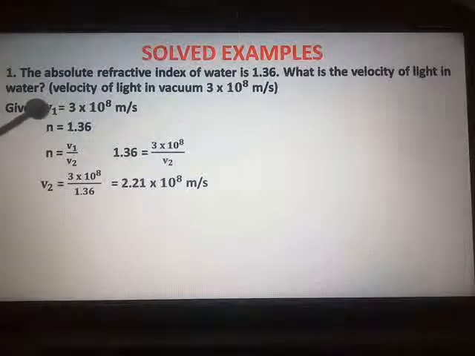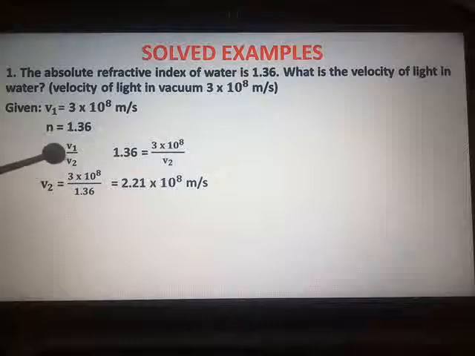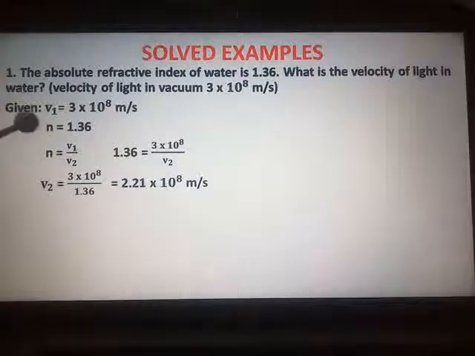So V1 is given to us, we have to find V2. Use the formula: refractive index is velocity of light in one medium upon velocity of light in the other medium. So here it is velocity of light in vacuum upon velocity of light in water, that is V2.